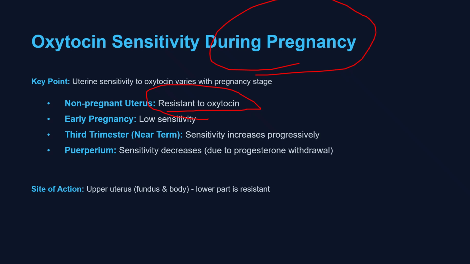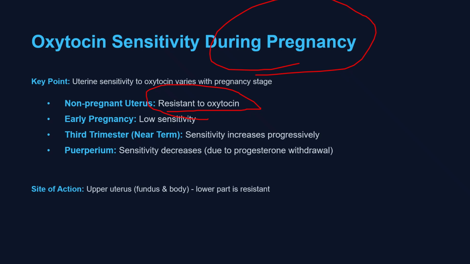Another thing is the third trimester, near the term, near labor: sensitivity is increased. And in the puerperium, sensitivity is decreased, because progesterone stimulation is withdrawn from those regions. So the sensitivity decreases in certain areas.